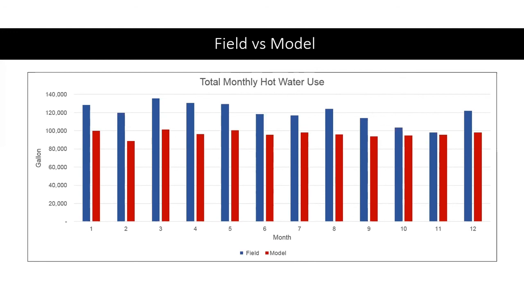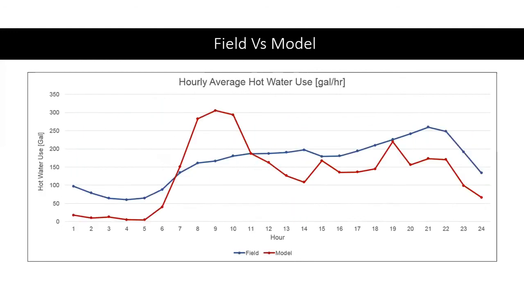So the next graph is also pretty interesting, because I didn't expect this. There is a really large hot water use for the model between 6 a.m. and 11. And that is way larger than what the field data shows.